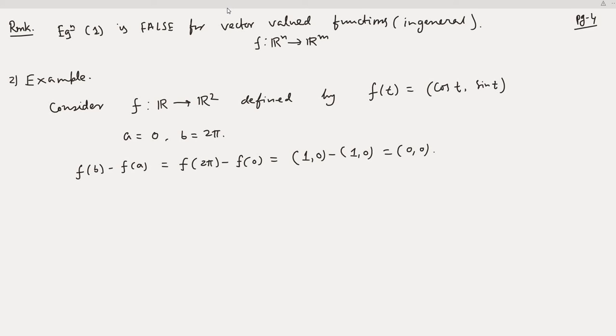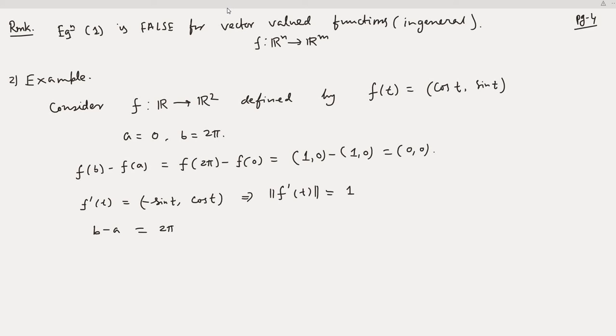On the other hand, f prime of t is equal to minus sin t comma cos t, and f prime of t has norm equal to 1, and b minus a is equal to 2 pi minus 0, which is equal to 2 pi.